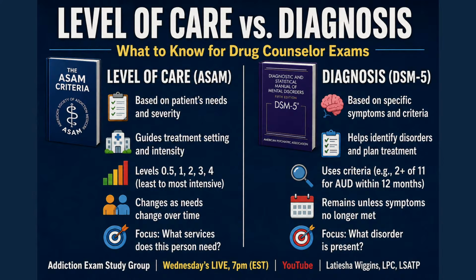Okay, dimension 1: acute intoxication and/or withdrawal potential. For ASAM dimension 1, you're looking to see if they have any withdrawal risk.